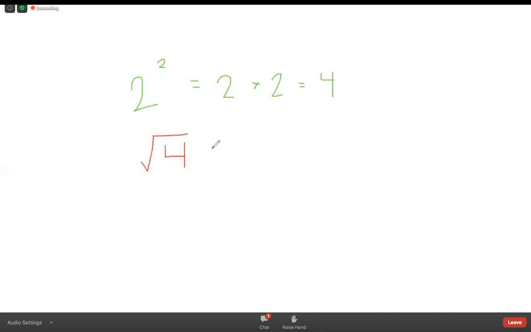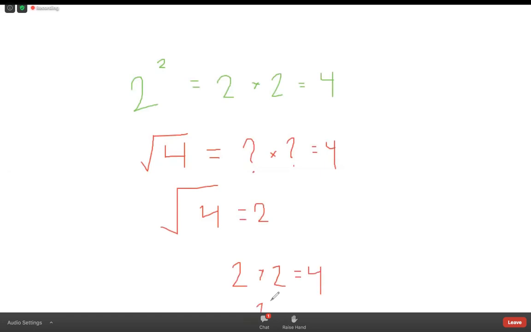This is the square root of 4. We're basically asking what times what equals 4, but we need these two numbers to be the same. So the square root of 4 equals 2, because 2 times 2 equals 4. You can also write this as 2 squared, with the exponent, equals 4.